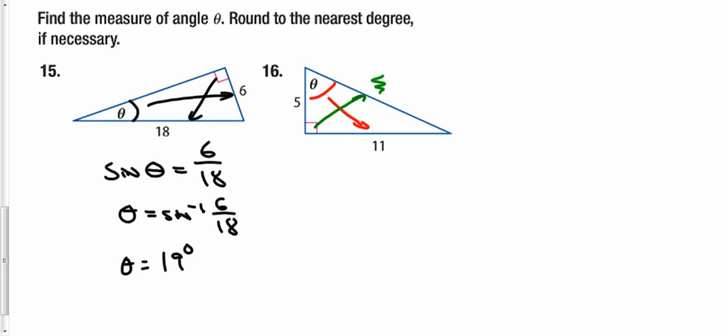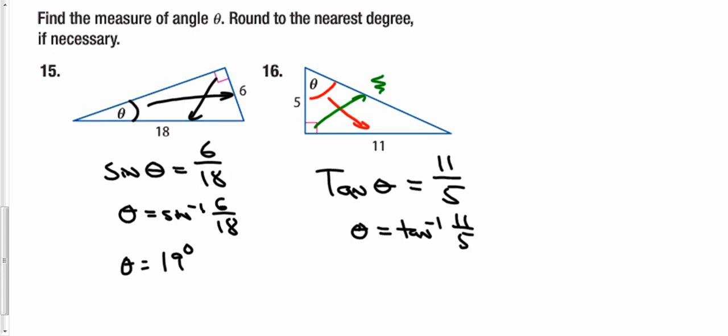That is going to be my tangent. So the tangent of theta is equal to opposite over adjacent. That means theta is equal to the inverse tangent of 11 over 5, which gives me an answer of 66 degrees.